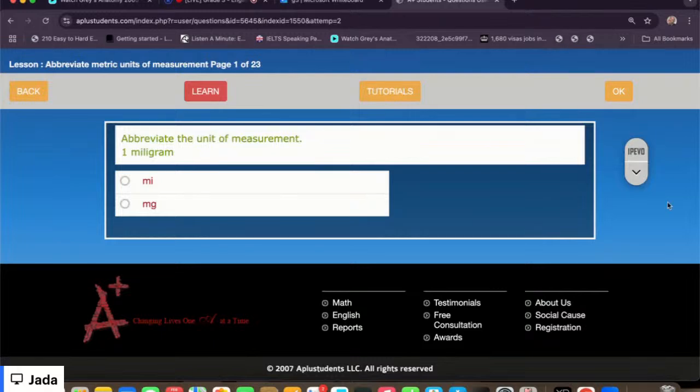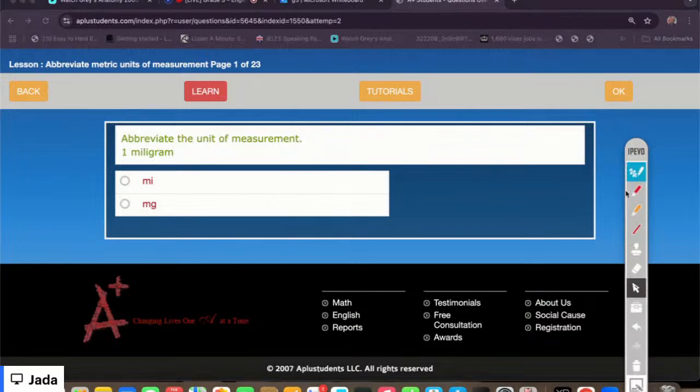All right, so since you guys understand now, we will move on to the test. So, 1 milligram, what is the abbreviation for 1 milligram? So, G is what?